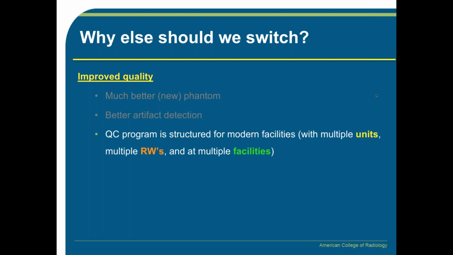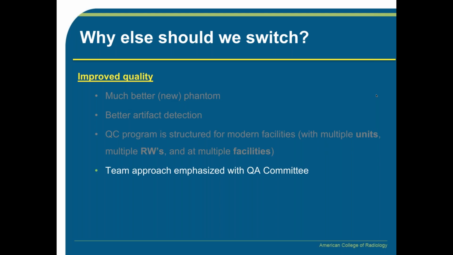The ACR program is structured for modern facilities. And modern facilities these days, as most everybody knows, means that there are multiple units, multiple workstations, and multiple facilities. So we have taken into account how to structure the program, and follow that with documentation that makes it easier for facilities and technologists to document and test as these mammography facilities grow and as these units are in different locations.